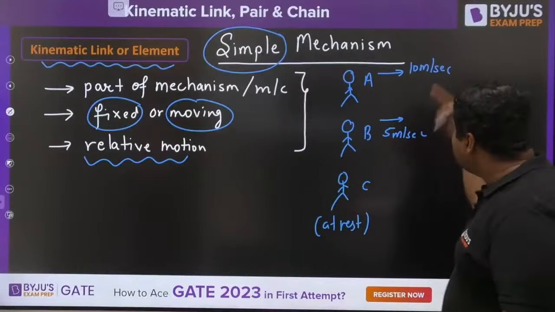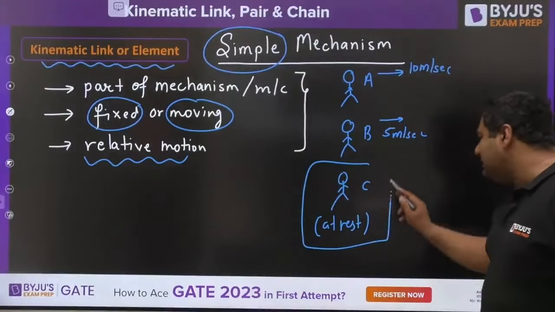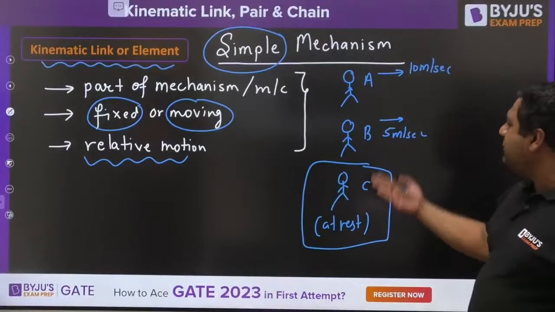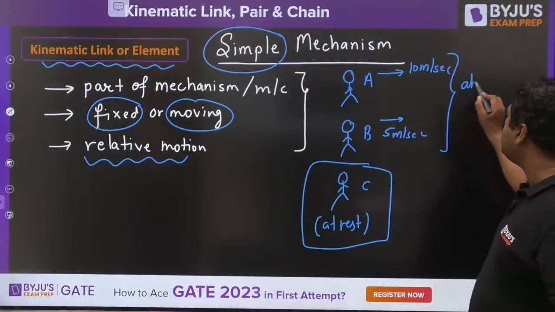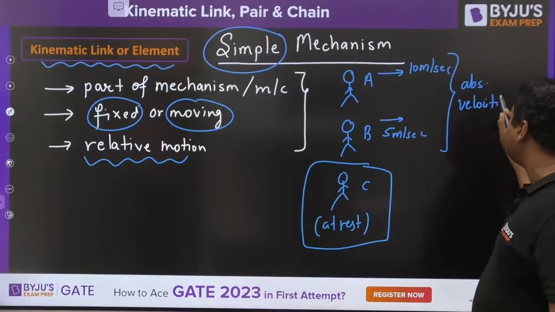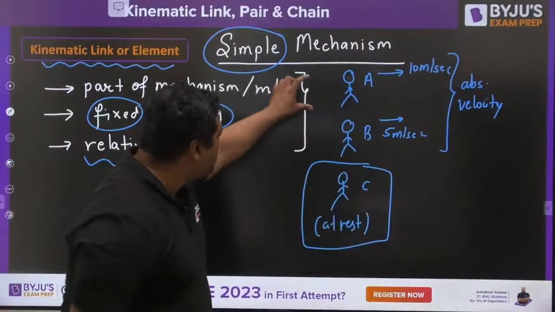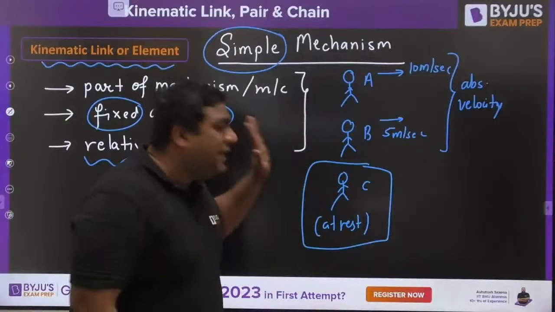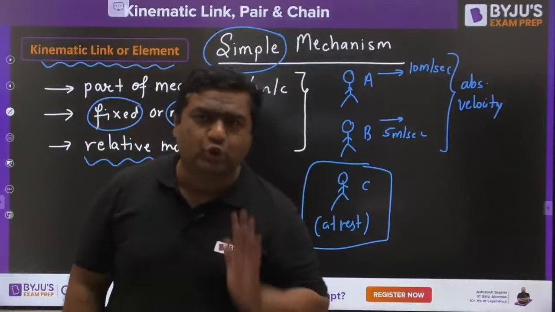These are the velocities of A and B according to C. As C is at rest, whatever C would be saying about A and B are said to be the absolute velocities. Absolute velocities indicate the absolute motion. So according to you, A is in motion, B is in motion, but C is at rest. This is what you are thinking. Absolutely, yes, you are correct.